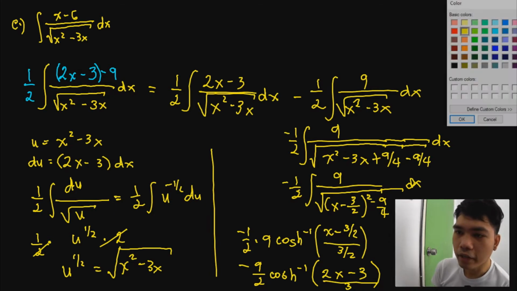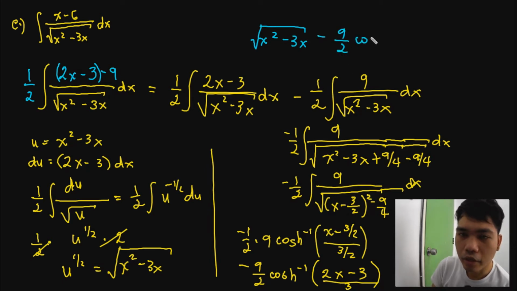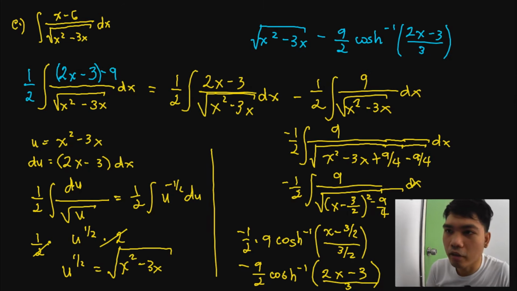So the final answer for this expression would be something like the square root of x squared minus 3x and then minus 9 halves inverse hyperbolic cosine of 2x minus 3 all over 3. Okay, so this is your final answer. And, oops, sorry, we need to add the constant of integration.